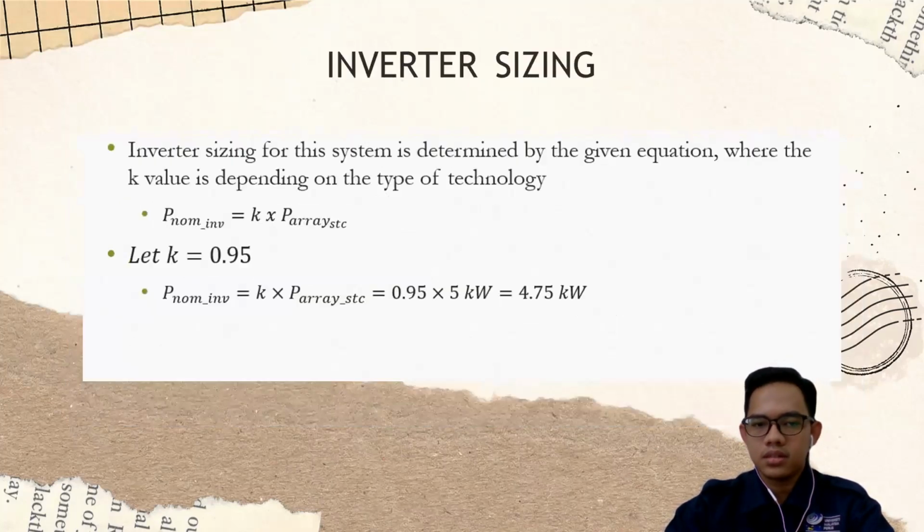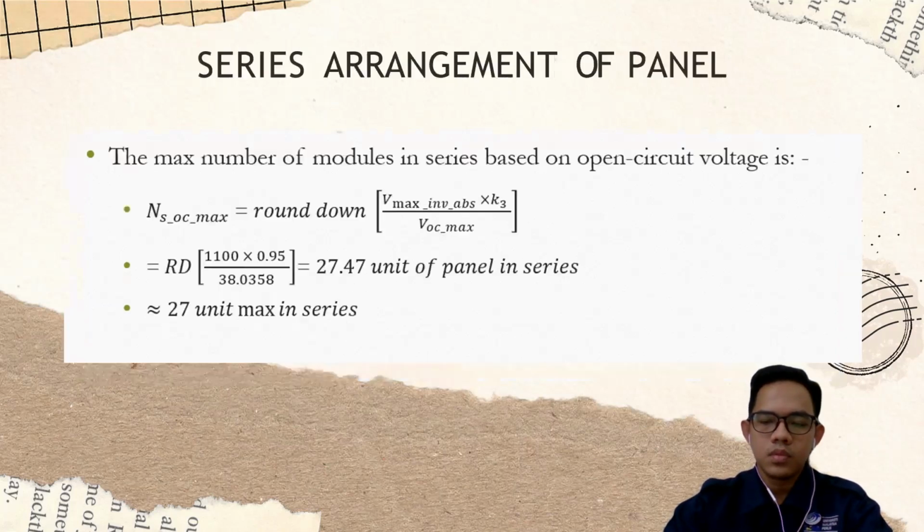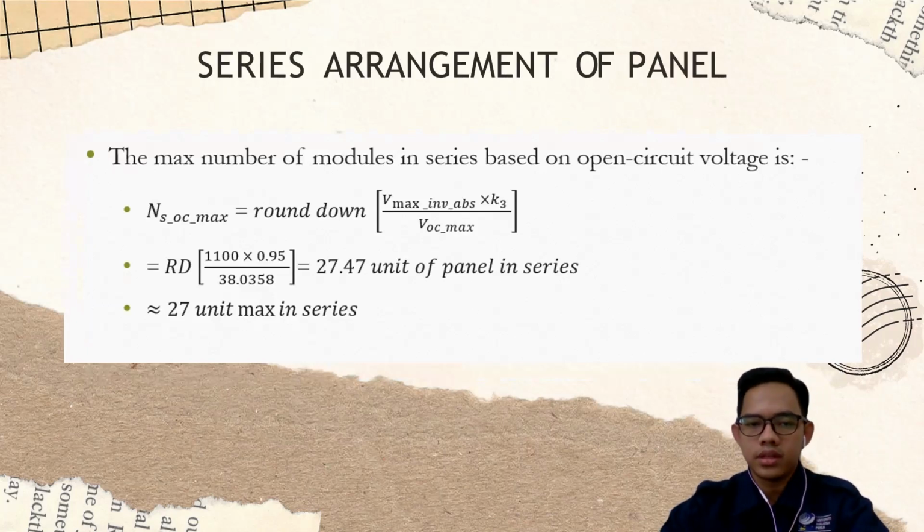For the inverter sizing, the inverter size for this system is determined by the given equation where the K value depends on the type of technology. The K value is 0.95, and we get the P norm inverter as 4.75 kilowatt. For the series arrangement of panels, the max number of modules in series is based on open circuit voltage, and for this value, we get around 27 units max in series.